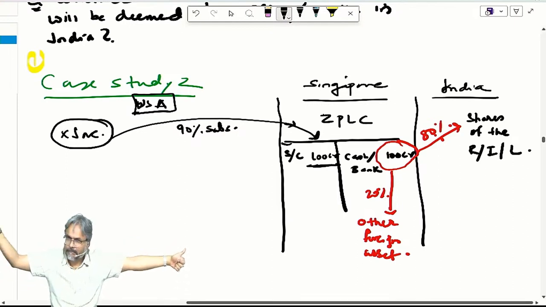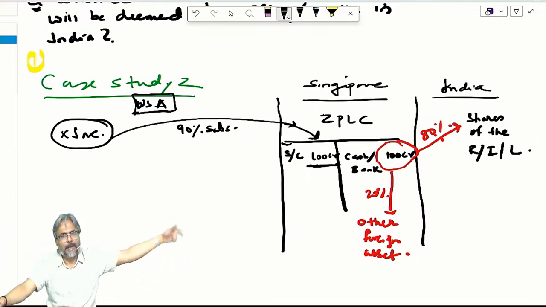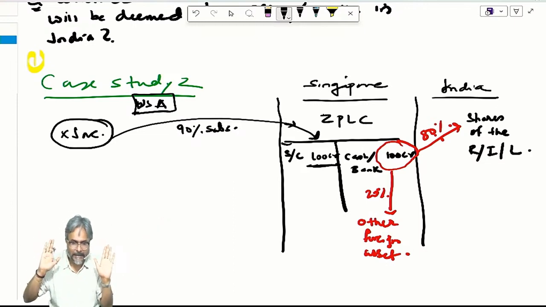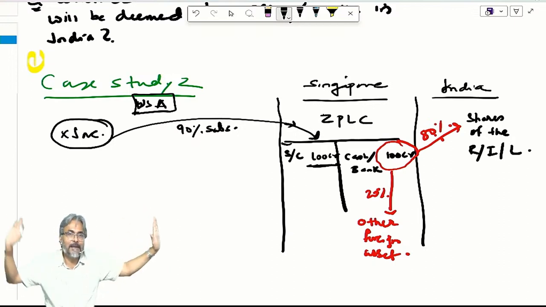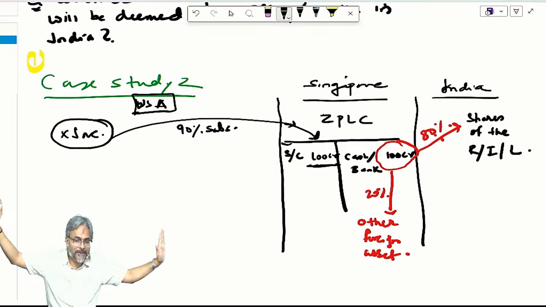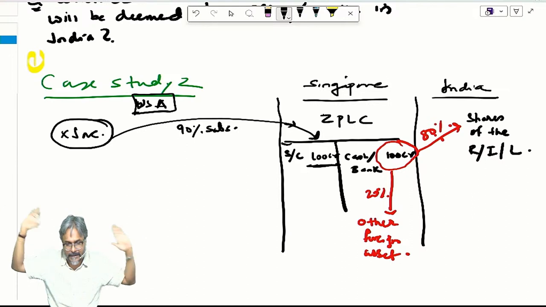On the asset side, 80 crores investment in RIL shares, 20 crores investment in some foreign assets. That is how his balance sheet will appear. Balance sheet should tally. That is the only concern that we always have. How it tallies, that's a different story.